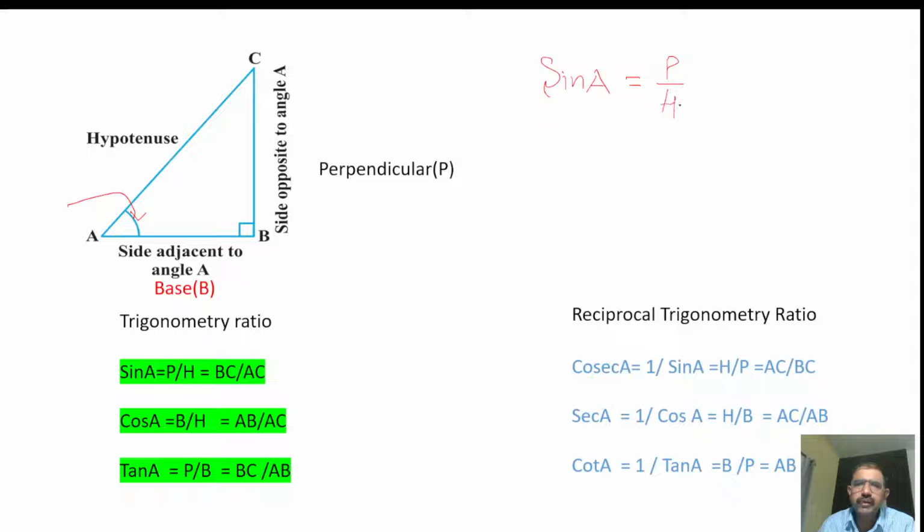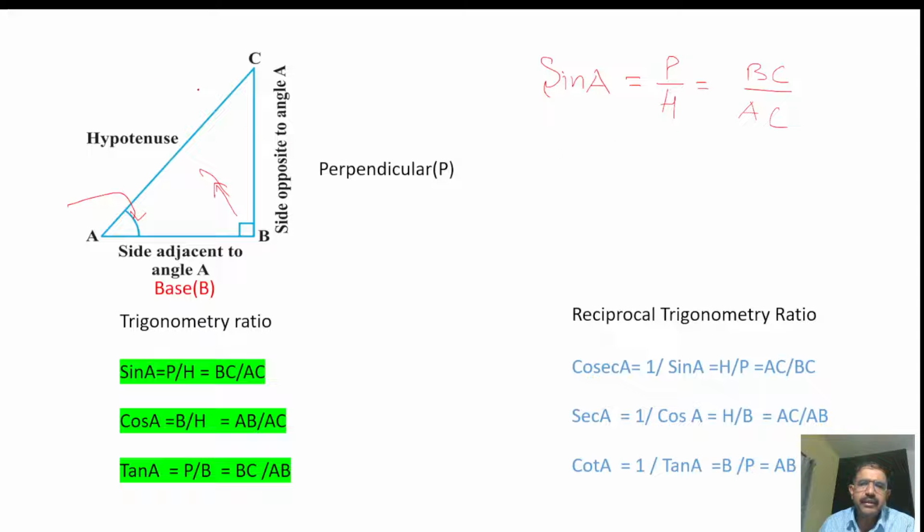That we have to keep in mind. If the reference angle is A, then the perpendicular will be BC, and the hypotenuse is the side just opposite to this 90 degree angle, so AC here. So AC I have written.